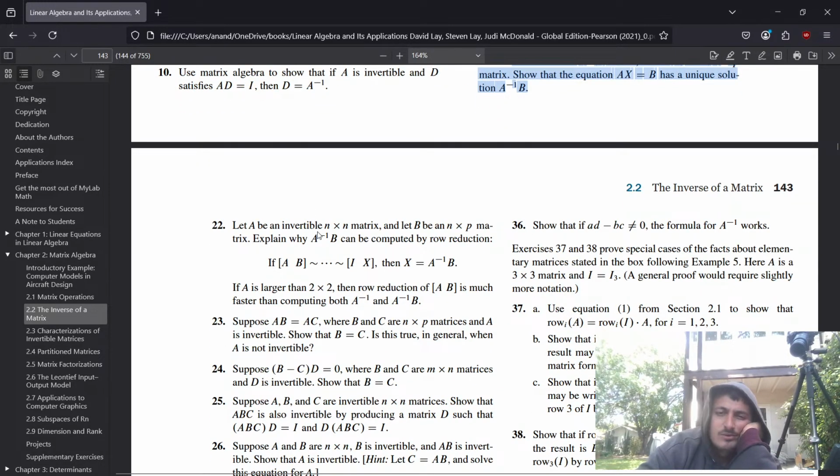Let A be an invertible n by n. Let B be an n by p.